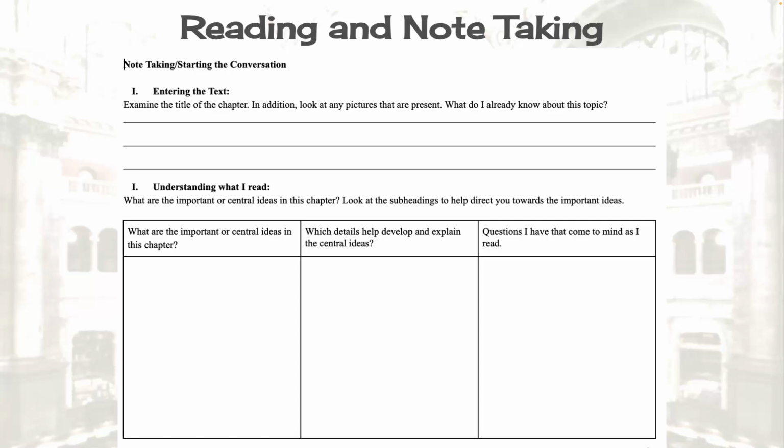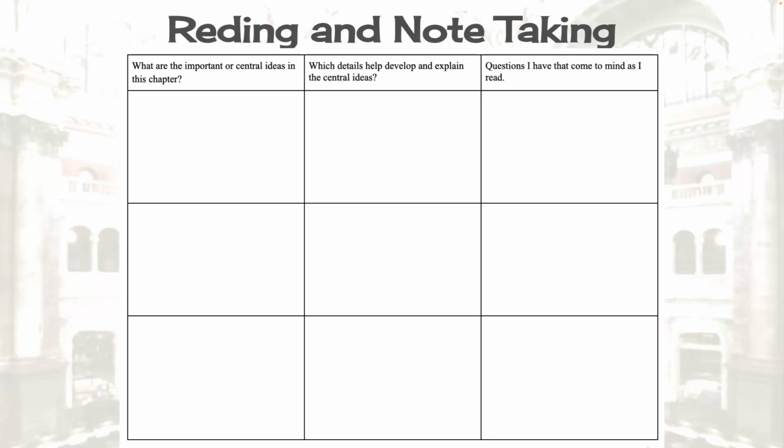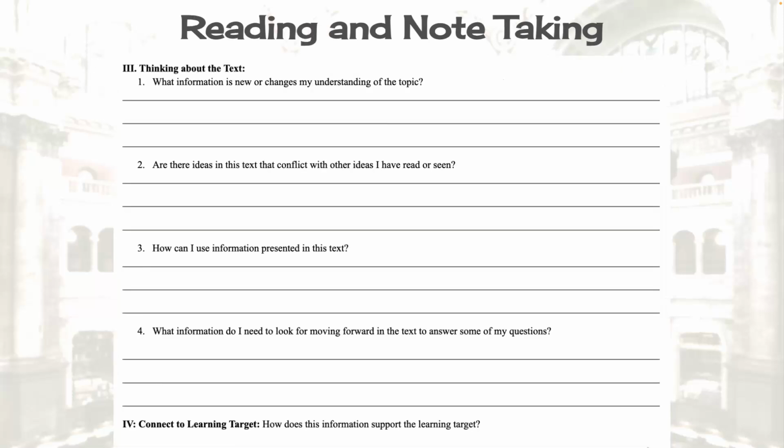Okay, and you can often go back and reflect on what you've written and say, well, wait, now I have a question about this. Okay, so I'm going to give you a bunch of boxes while you're reading the U.S. history textbook and take notes on it. And again, I would do each subheading as its own box, and you can write down the main ideas, and that'll help you really get into the text.